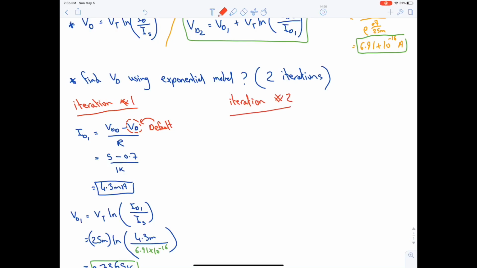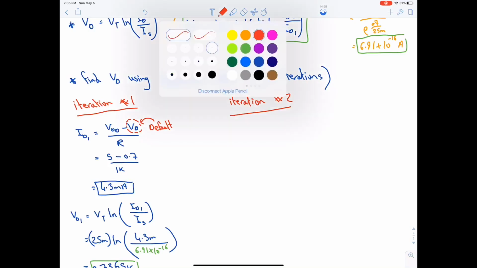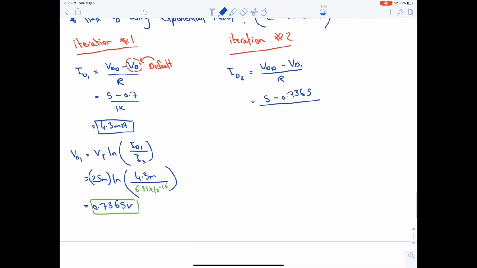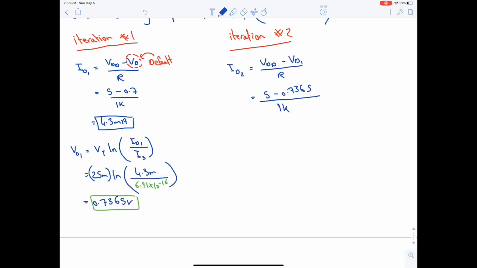For iteration number 2, we need to find again ID2, which is VDD minus VD1 divided by resistance. So it will be 5 minus 0.7365 divided by 1K. This will give us 4.2635 milliampere.